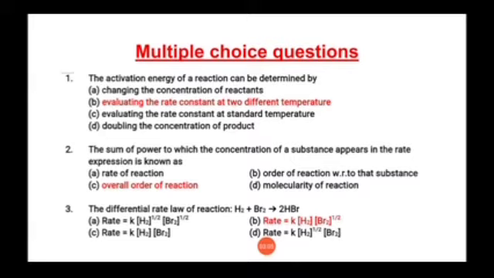Now we know that activation energy is related to the temperature coefficient, and to find the temperature coefficient we require 2 rate constants at 2 different temperatures, and we know that the temperatures are probably 25 degrees centigrade and 35 degrees centigrade. So here our answer must be B. Activation energy is determined by evaluating the rate constant at 2 different temperatures.